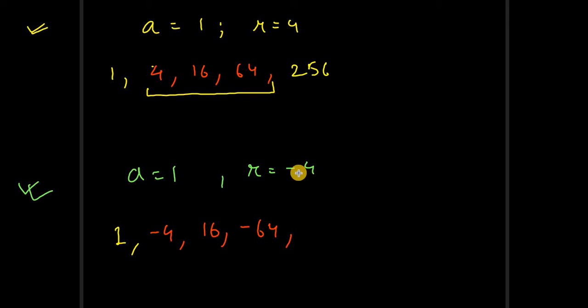And the next one, minus 4 into minus 64, will be plus 256, and that is also in our sequence. So we have inserted three numbers between 1 and 256 such that the whole sequence is in GP. So we got exactly two sequences in that way.